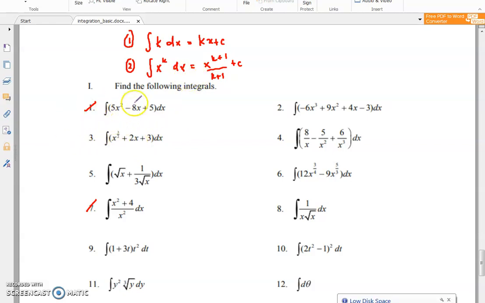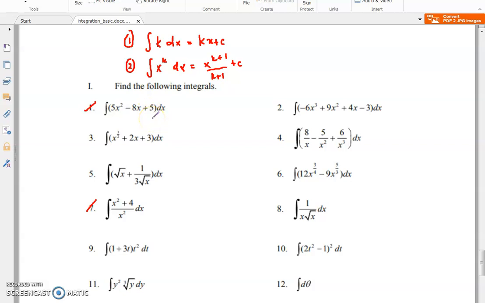Okay, if you see the first question, we are not going to deal with a simple function, but a polynomial: 5x to the power of 2 minus 8x plus 5.